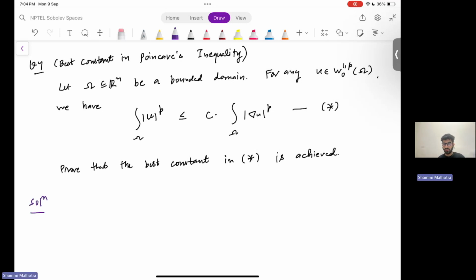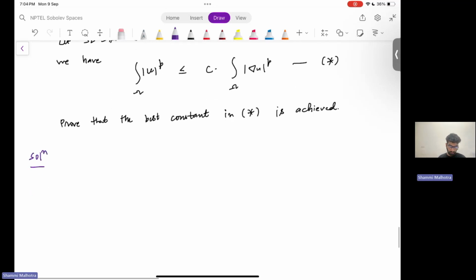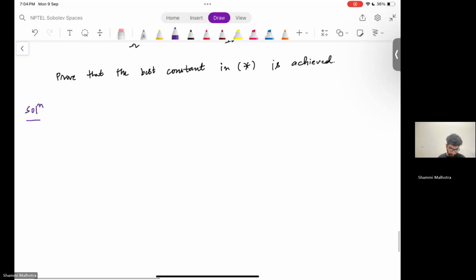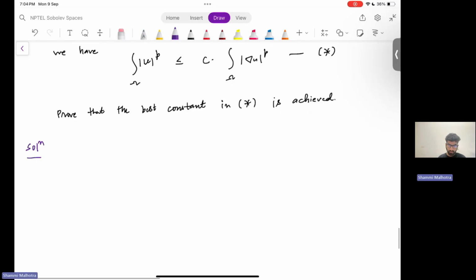So how do we show that the best constant in this Poincare inequality is achieved? To prove this, what we do is convert this best constant problem into a minimization problem. That is actually the way we define the best constant.